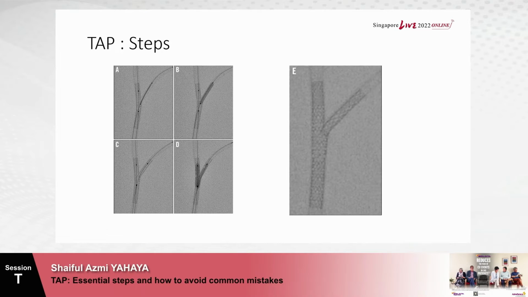On the picture on the right side, it shows how it looks with this neocarina between the main branch and the side branch, and this is the only thing that might cause problems, but if you have a good kissing, this will be very minimal.